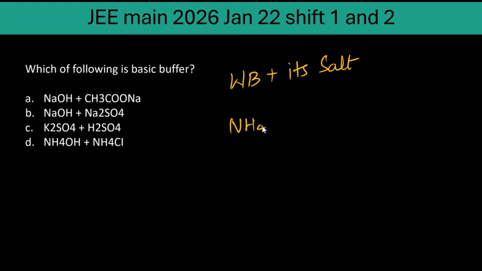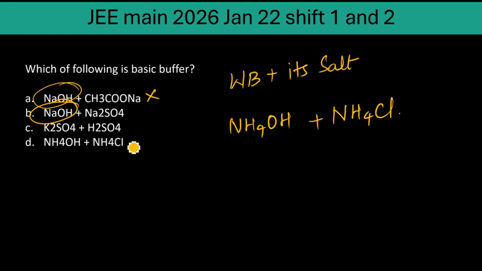For example, weak base I am taking ammonium hydroxide, the salt will be ammonium chloride. This one is not a weak base, it has a strong base, NaOH. And this one has a strong acid, so not a basic buffer. And option D, that's your right answer.